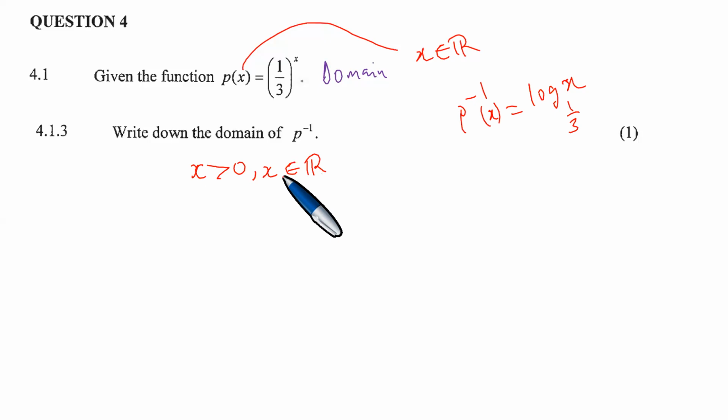Well, the domain of P inverse is x bigger than 0, and x is an element of the set of real numbers. This is the domain of the inverse function because the log is defined for positive numbers which are real.